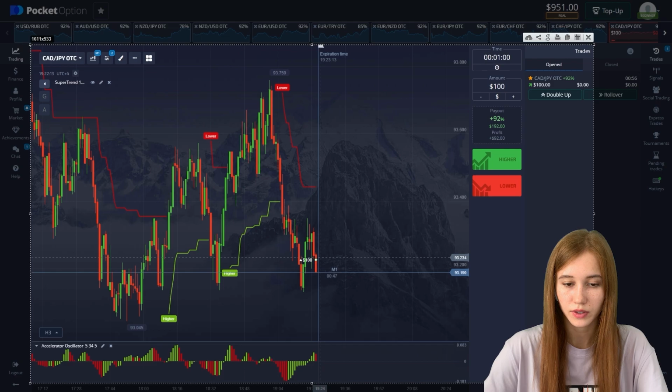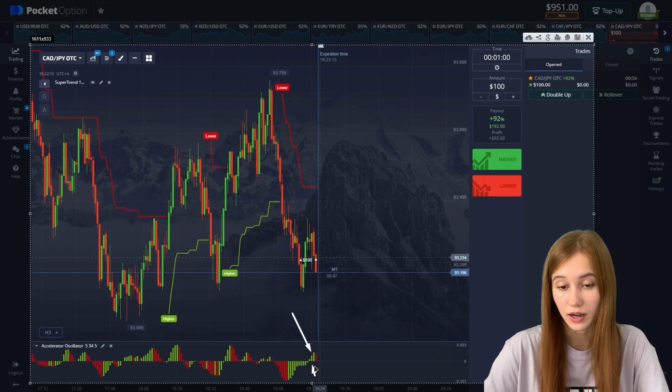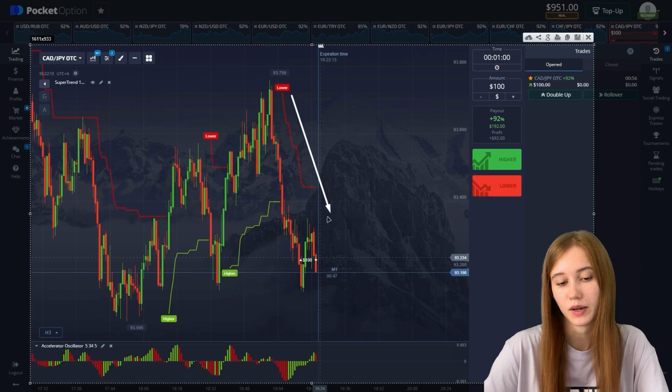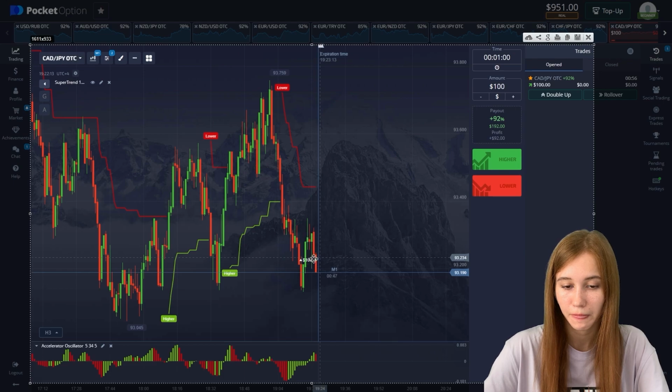So first, if we look at the oscillator, we clearly see that we have a certain period of uncertainty. Although if we had entered earlier, we would have opened with a profit because we had two good green bars. But we didn't have time. So some corrections.